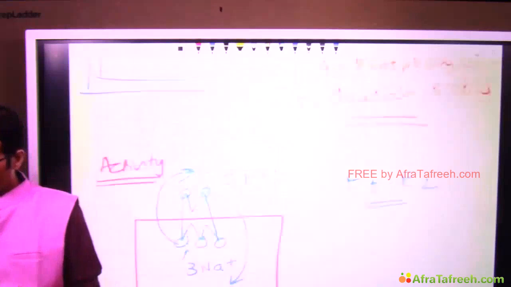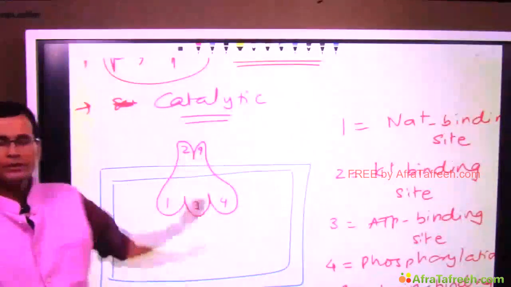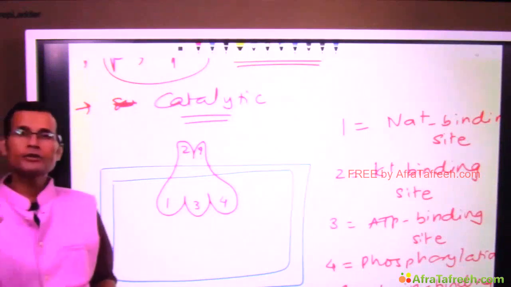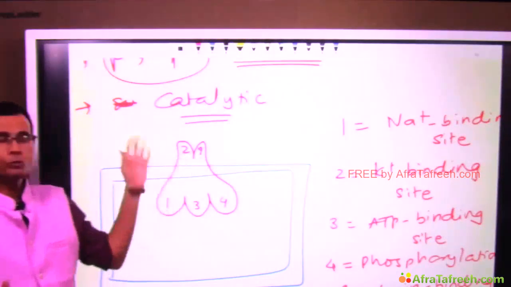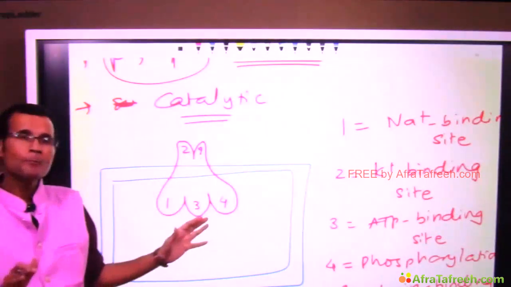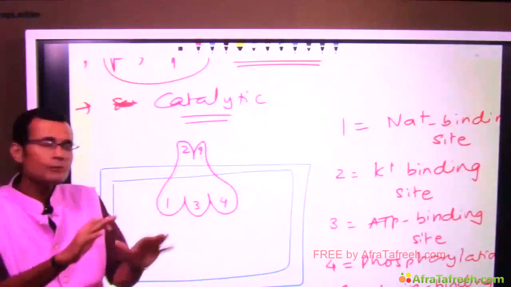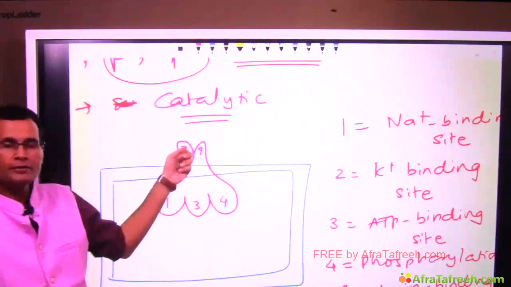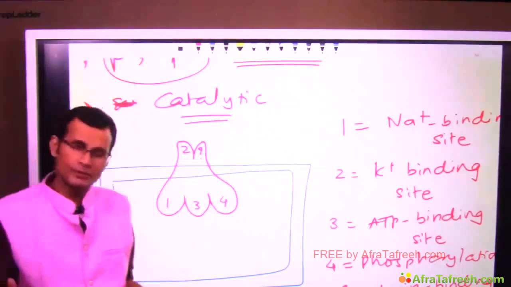Hypokalemia, if there is low potassium in the plasma, will result in digitalis toxicity, because low potassium means the competition for digitalis for the binding sites will be less.